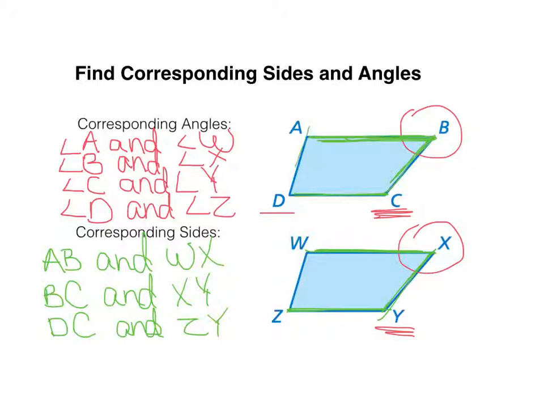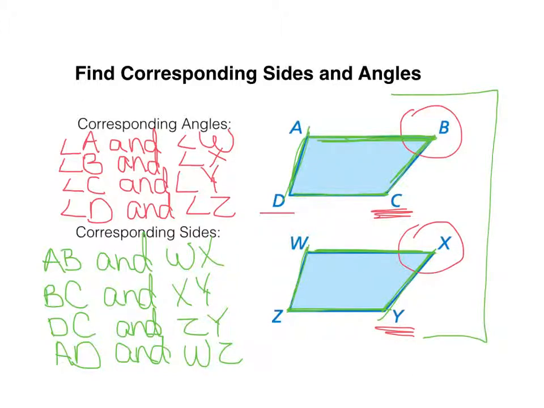And last but not least, AD is matching or corresponding to side WZ. Pause the movie and make sure you have these in your notes. You might also want to make sure to draw these pictures in your notes so that you can go back and refer to them later.